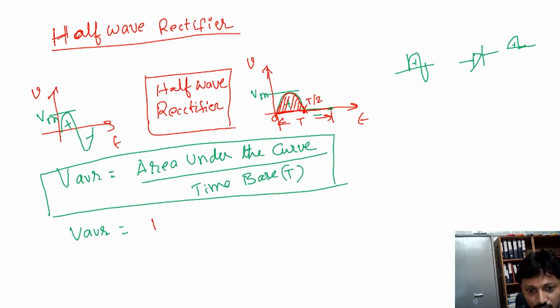It is Vm sine omega t, and the integral is taken from 0 to T by 2.